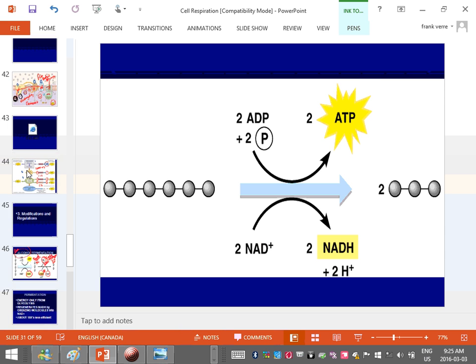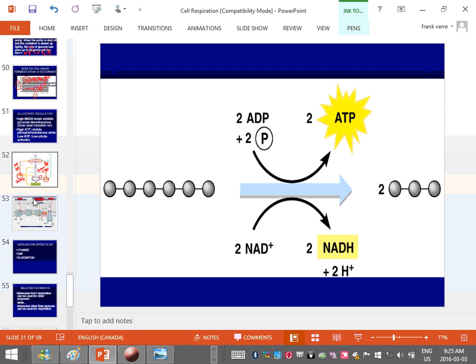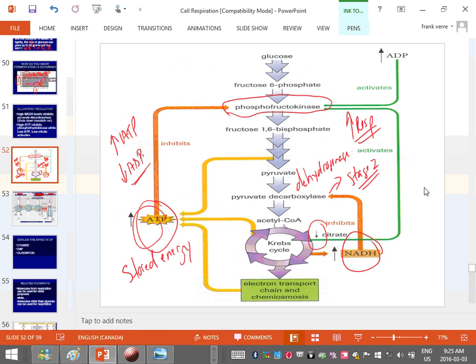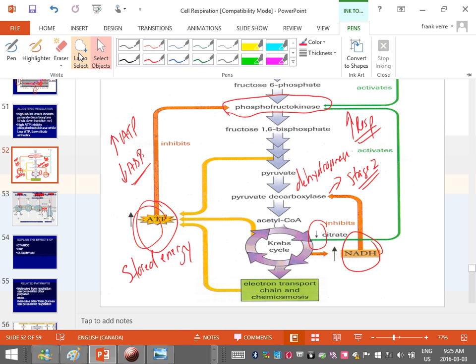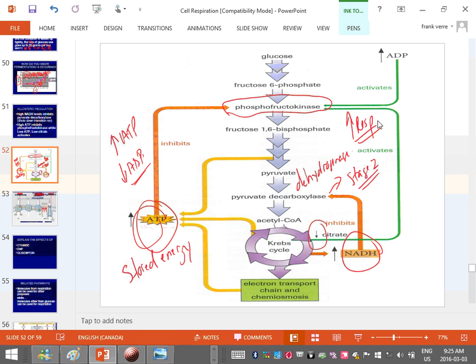So the logic is, if I have low levels of citrate, I could make more of it by breaking down more sugar, because the sugar becomes pyruvate, which becomes acetyl-CoA, and the acetyl-CoA becomes citrate. Okay? So these are just examples of ways respiration could be regulated.